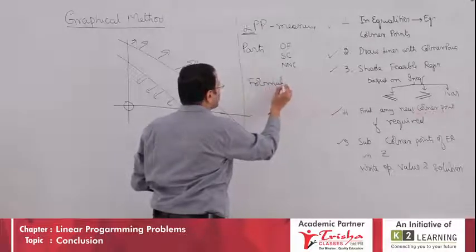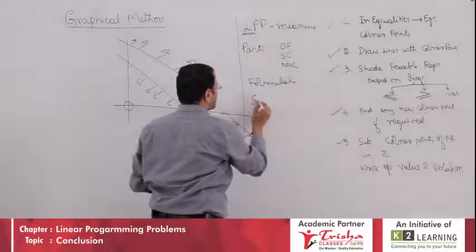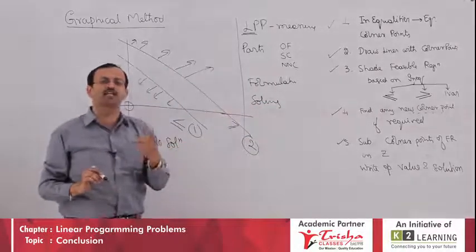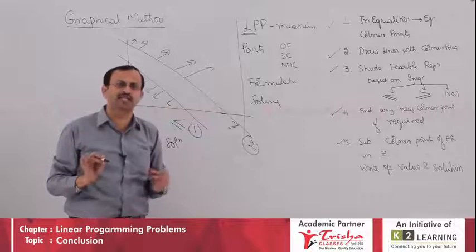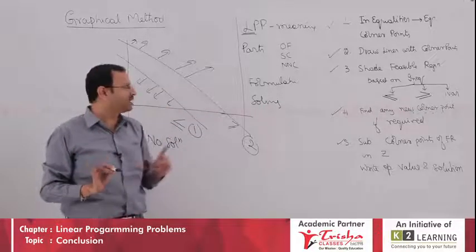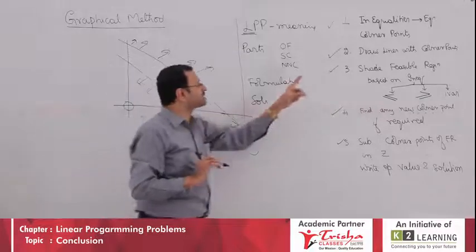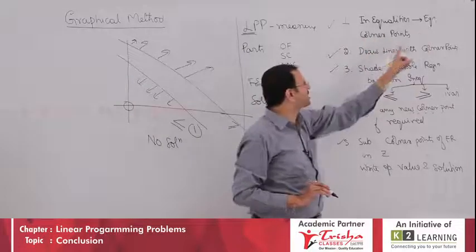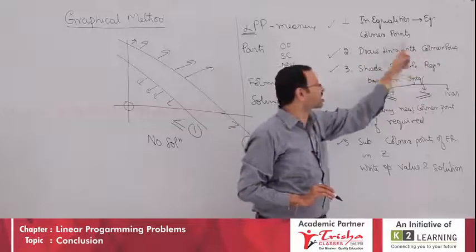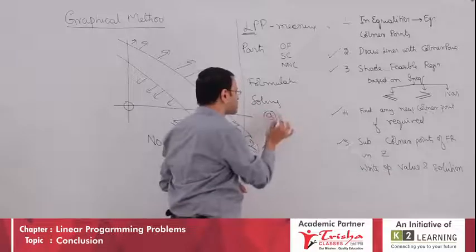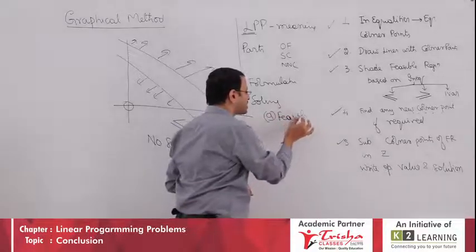Then about solving an LPP. How do you solve an LPP? 2 methods, graphical and simplex. Syllabus is concerned, it is only the graphical method explained. So, graphical method of solving an LPP. What are the steps? Inequalities, you take equality, draw the lines with the corner points, shade the feasible region. 1 mark theory question, what is feasible region?